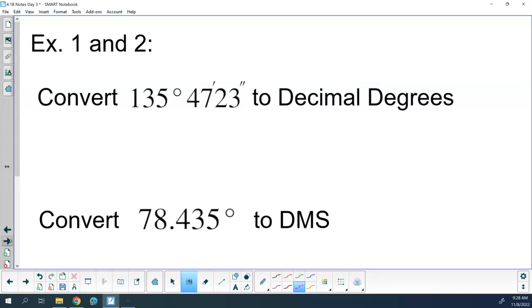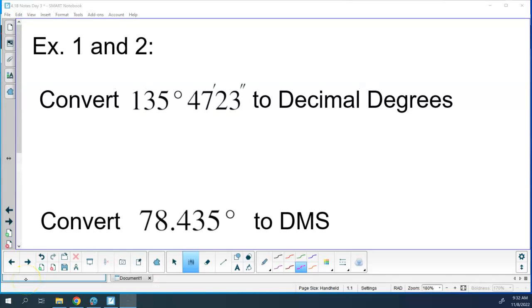Convert both of those, please. Okay, so on the first one, it's going to be 135 degrees, right? Plus 47 over 60, because that's the minutes part, plus 23 over 3600.